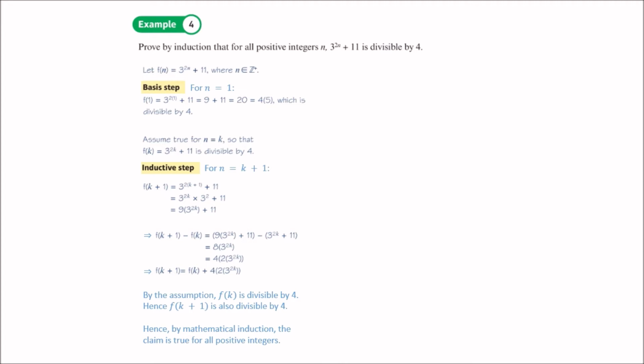I think it's useful to think what the point of doing this practice for proof by induction is. It's not really to prove that something like this is divisible by 4, because it's a question in the textbook. We know it's going to be true. I'm not completely bothered whether this is divisible by 4 or not.